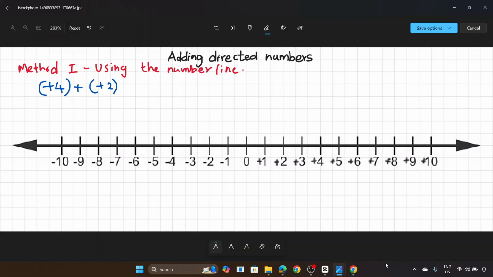First one. Okay. We have to add positive 4 to positive 2. Both numbers have the same sign, the positive sign.